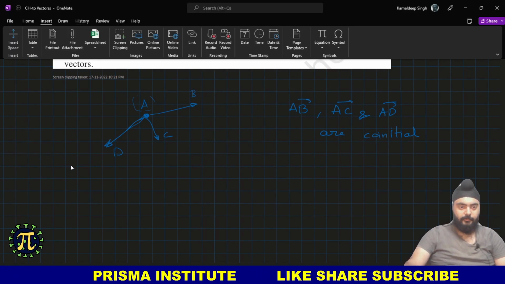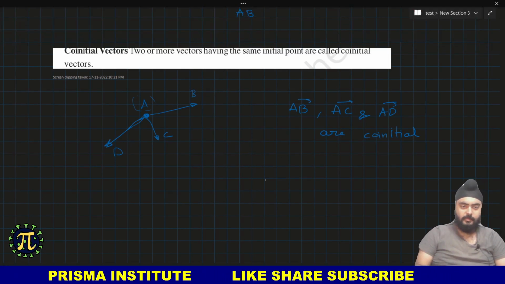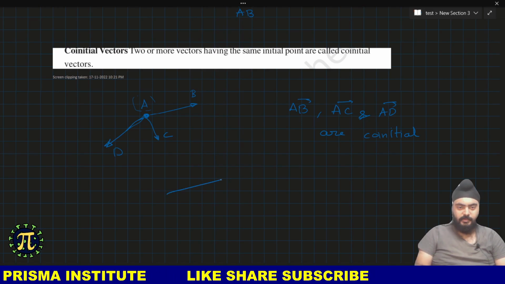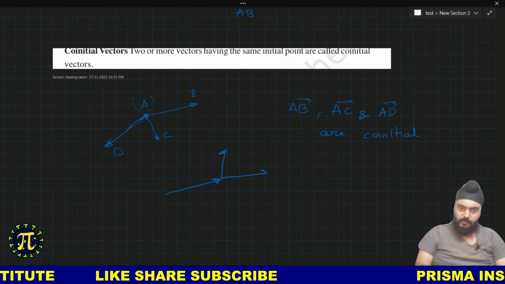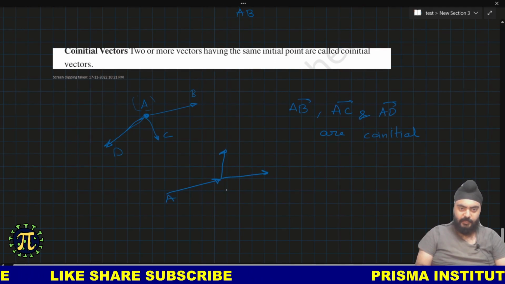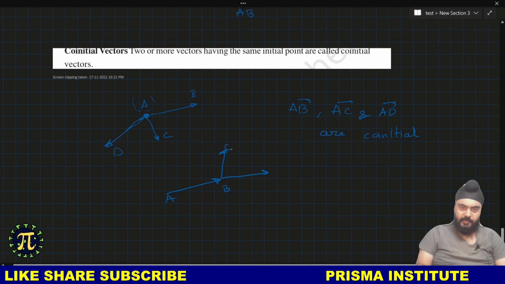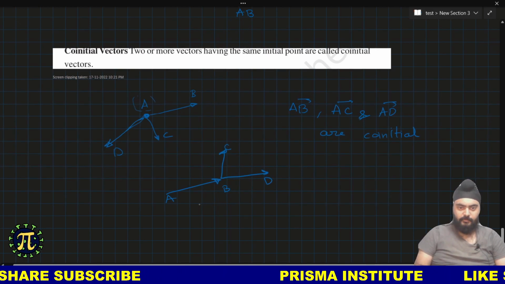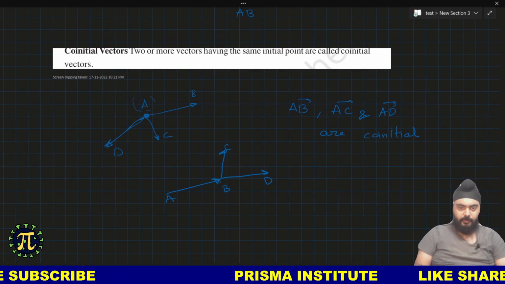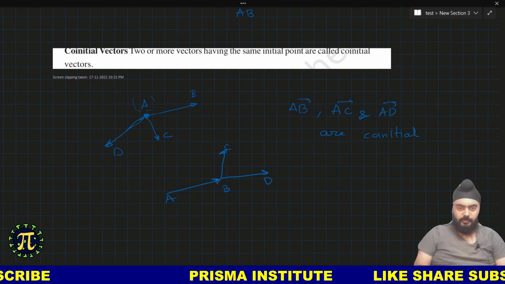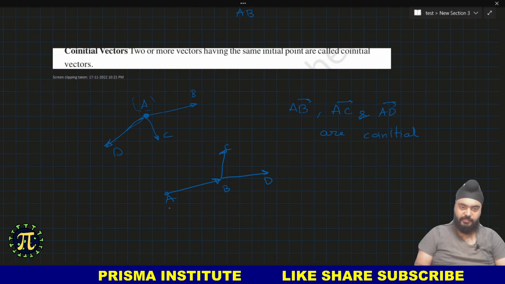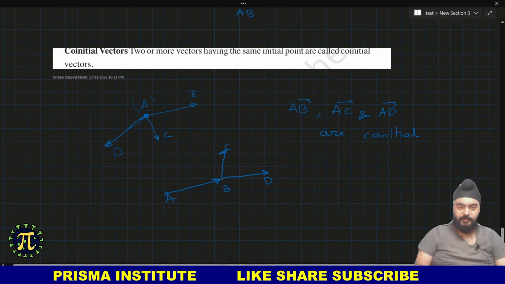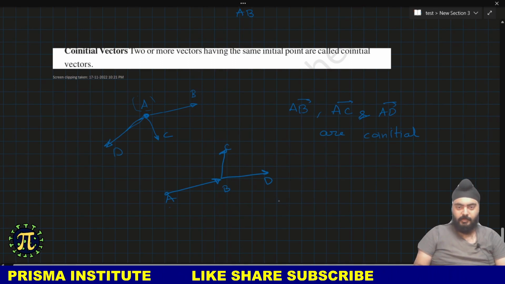For example, in a drawing, you can be asked, are these two vectors co-initial? Let's see, if I name these points A, B, C, D, of course AB vector is not co-initial with them because A is the initial point for AB vector, and B is the final point. But there are two co-initial vectors in this, right?